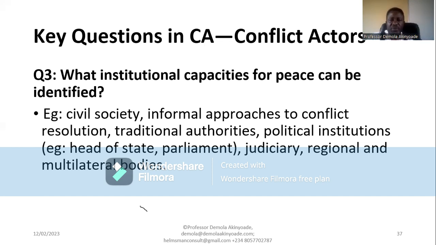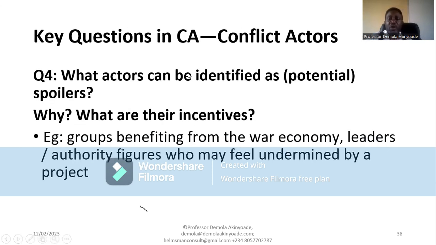These are institutional capacities for peace. And also, just like we have that, we have people we call spoilers, people who will benefit if Nigeria goes into civil war. We need to identify those people too as actors. All the people that have been clamoring for, oh, let's break up.